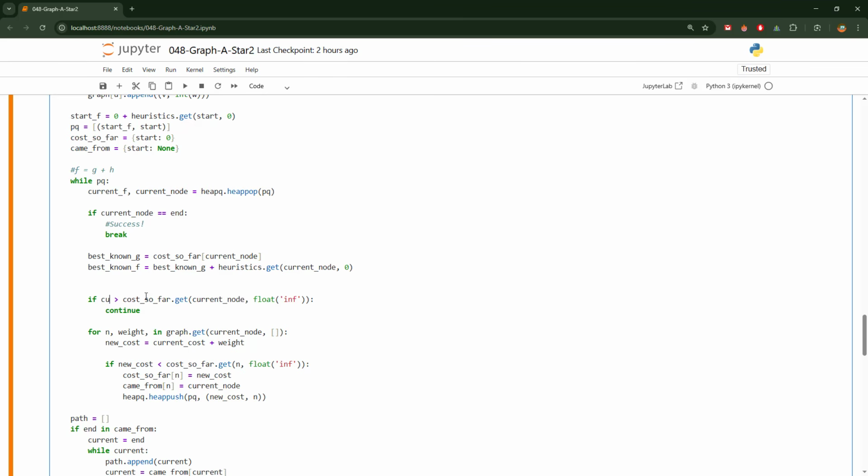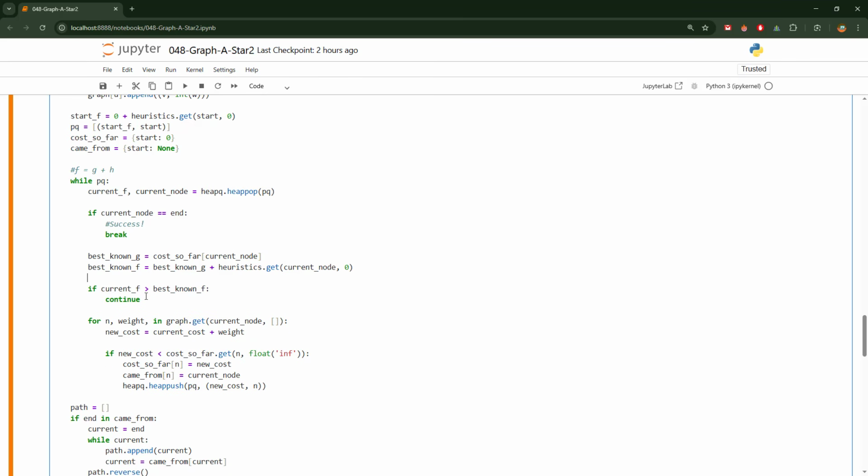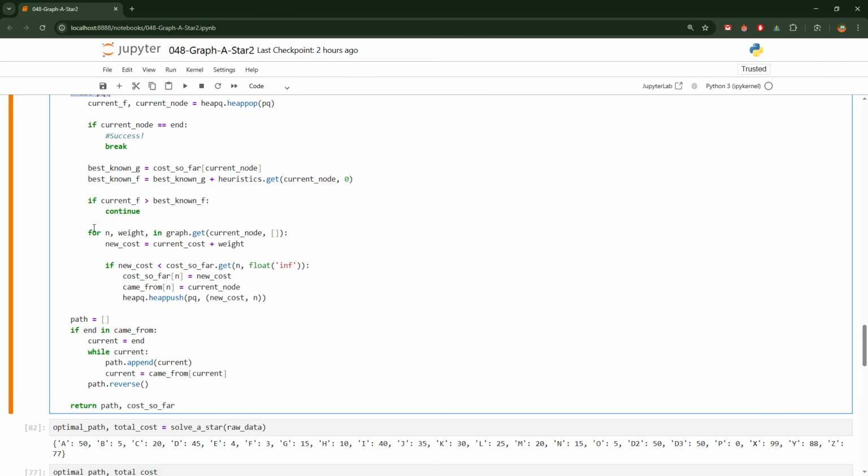If current F is bigger than best known F, then continue. Great. Hope you understand. Continue with returns on the PQ, and we're going to change with the next one.